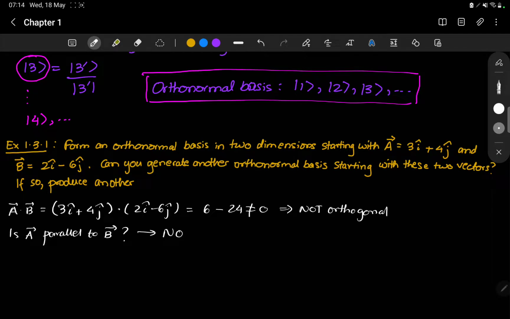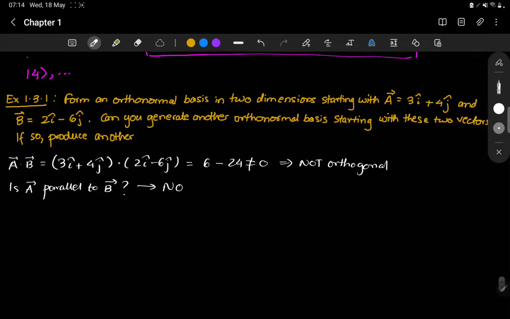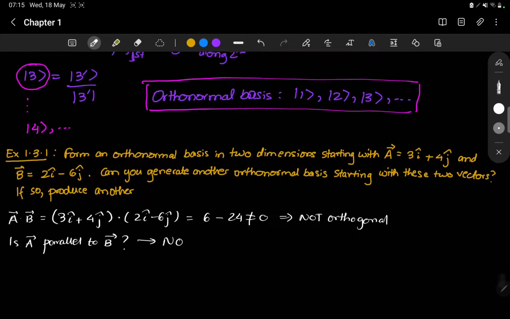Clearly, 3 i cap plus 4 j cap is not a scalar multiple of 2 i cap minus 6 j cap. So they are indeed forming a basis for 2D, but they are a non-orthogonal basis, and we need to make an orthonormal basis. So what does our procedure say?